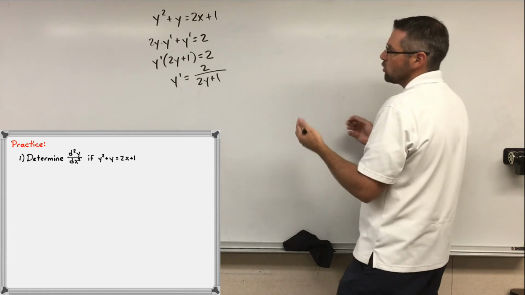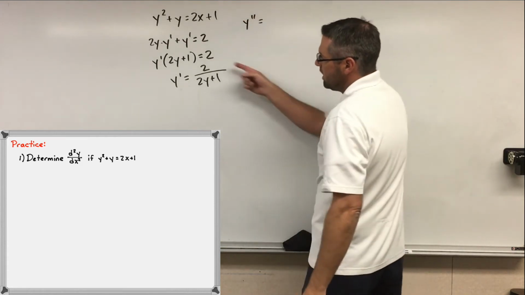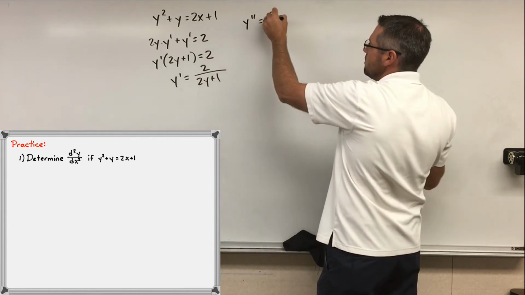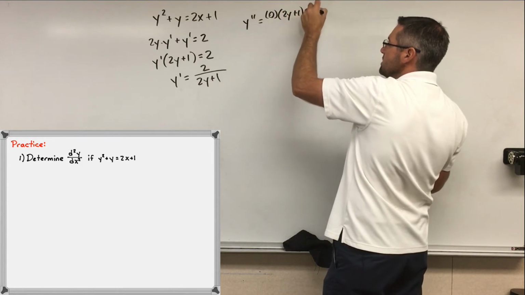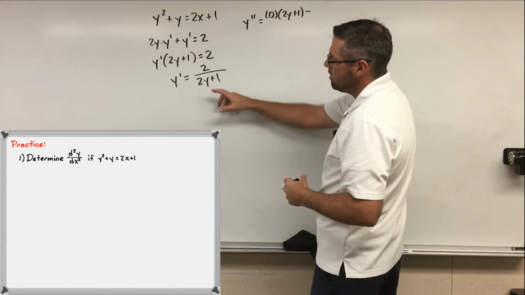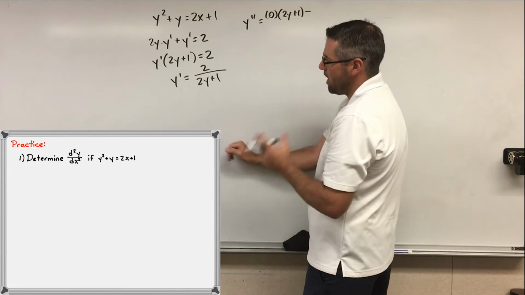Now we want the second derivative, so we'd say y double prime equals, here we're going to have to use the quotient rule. The derivative of the top is 0 times the bottom minus the derivative of the bottom. Well, what's the derivative of 2y? Remember, 2 is a constant, so ignore it. What's the derivative of y? It's y prime.